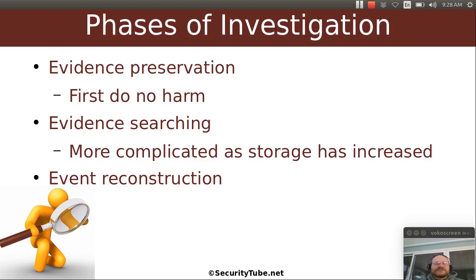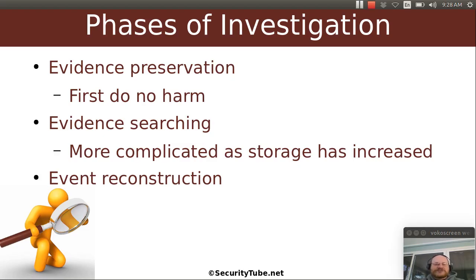Then search for evidence. Now, this has become more lengthy and time consuming because storage media has exploded in size. We have 3 terabyte drives on desktop computers, and they have lots of RAM.